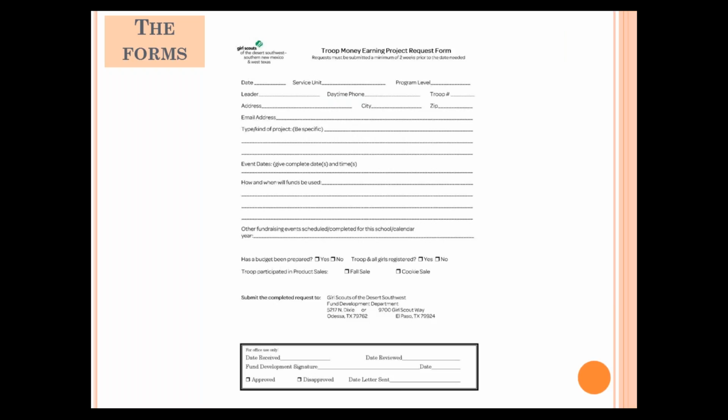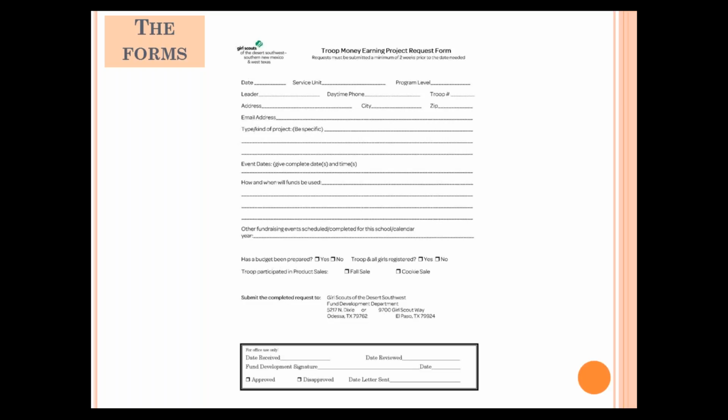The money earning activity is an activity that needs to be pre-approved by council, and the form that you see in front of you now can be found on Forms and Resources underneath our guidelines for soliciting funds or goods. The troop money earning project request form is pretty straightforward. You just need to fill out your date, service unit, program level, the leader.